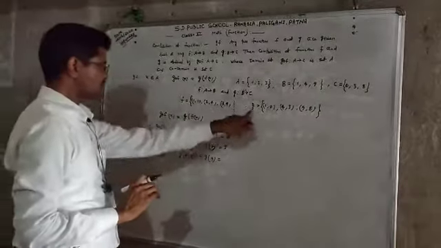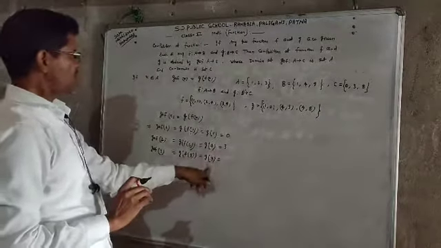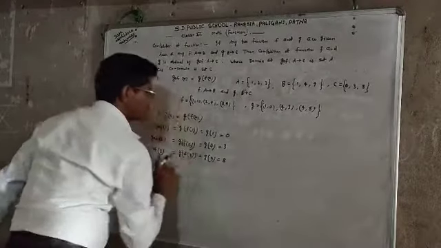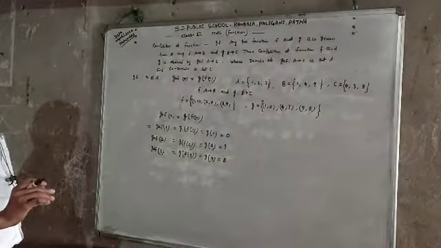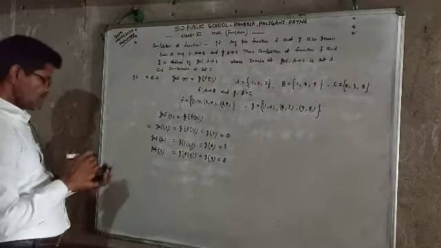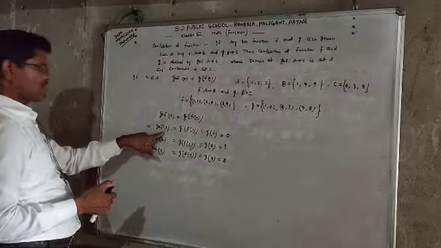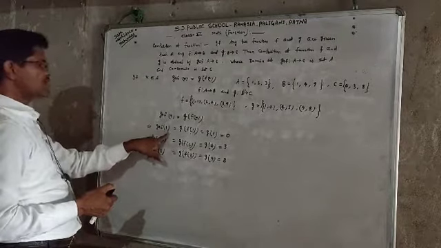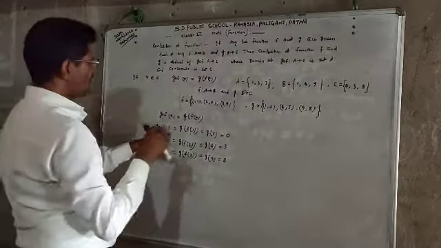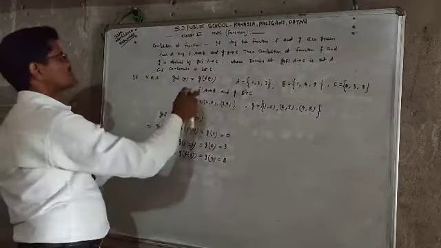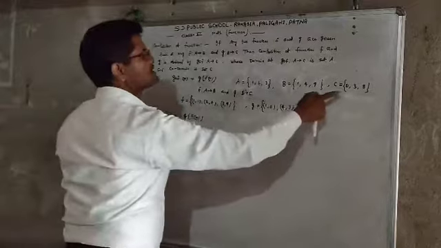From the second function, the image of 9 is 8, so g9 equals 8. From this, we have found all the images of the elements in set A in the set C.